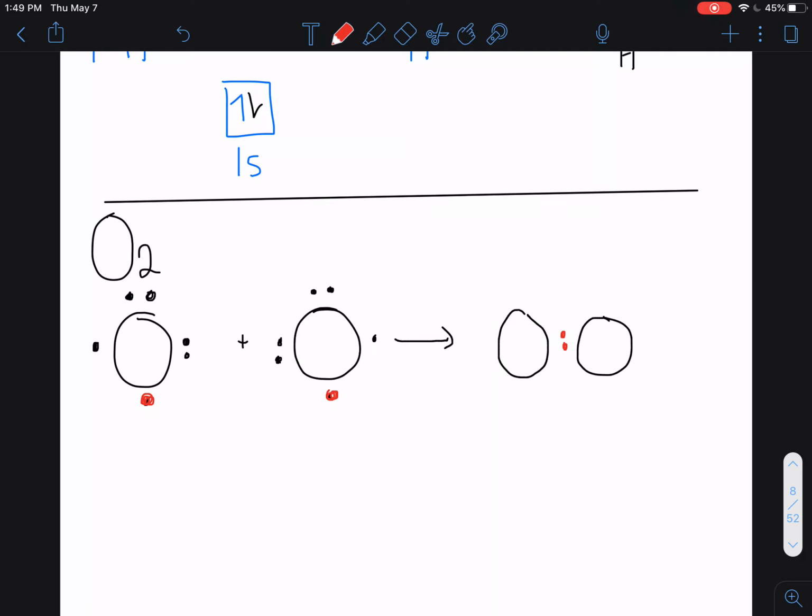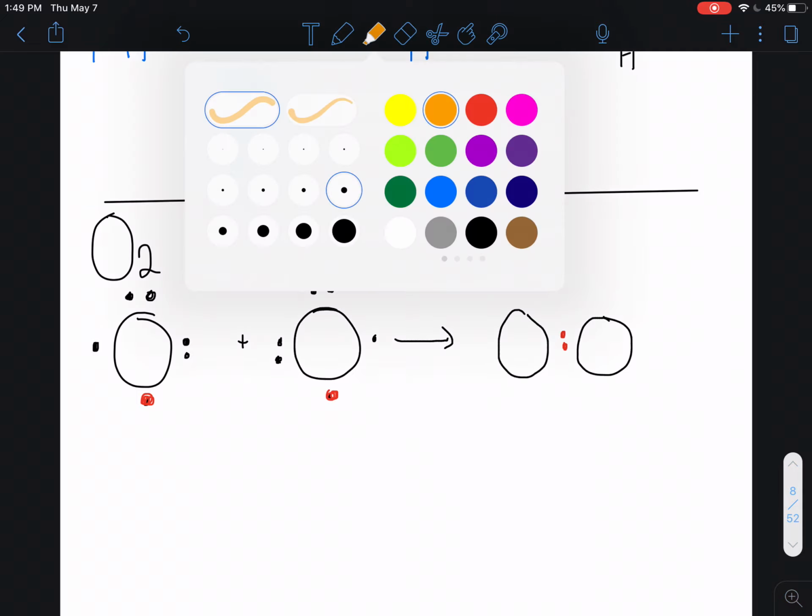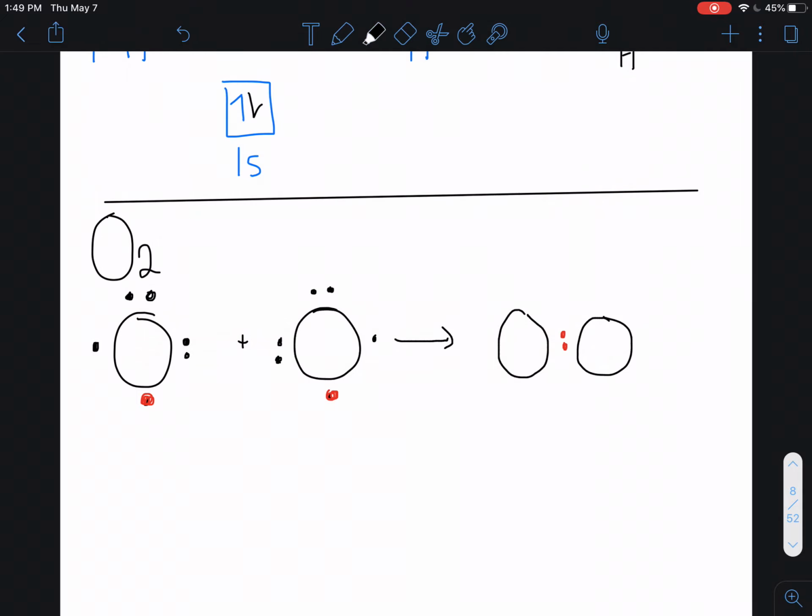Then I'm going to start placing everything else. So these 2, we're going to go 1, 2, actually I did it on the left one. 1, 2, 3, 4, 5. And you'll see that the 6th electron I put here. Now for the other oxygen, 1, 2, 3, 4, 5.